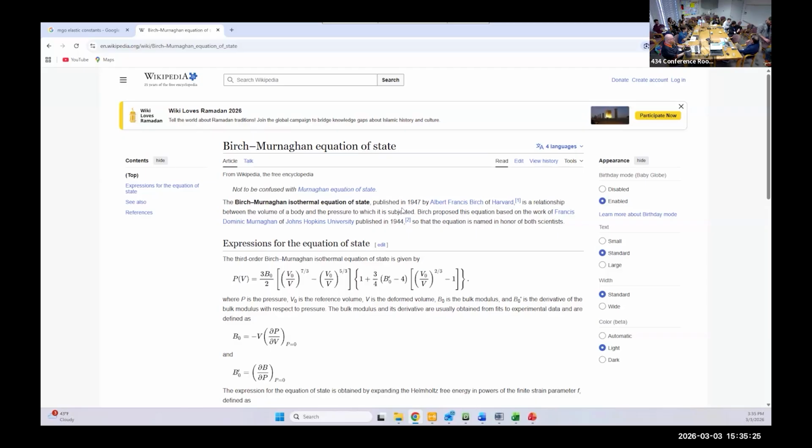Any questions? Do people feel like they kind of... I think he touched on that. So the bulk modulus itself is a function of pressure and temperature. Thermal expansion is also a function of both pressure and temperature. As you increase the pressure, thermal expansion goes down. As you increase the pressure, the bulk modulus goes up. And there's tons of studies since the 1940s and 50s.